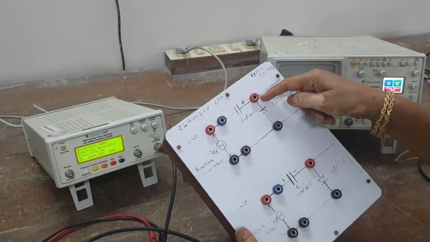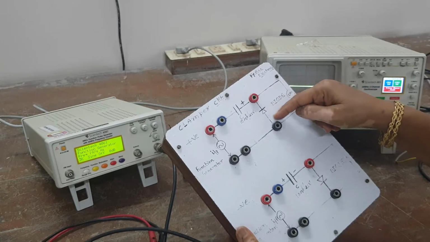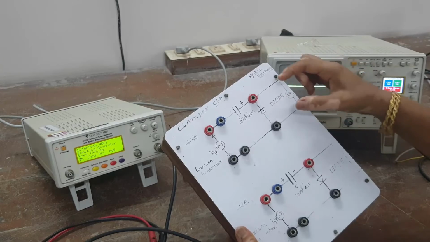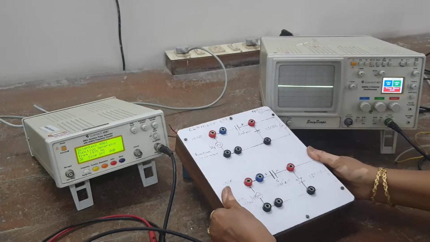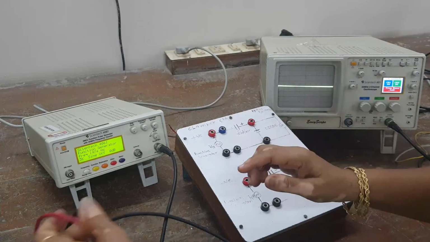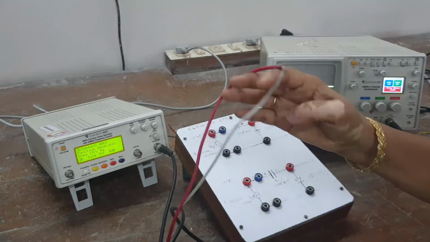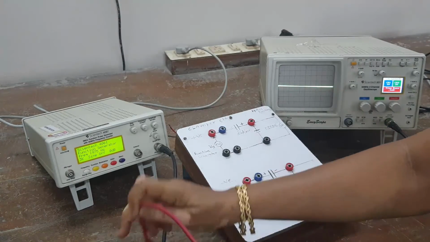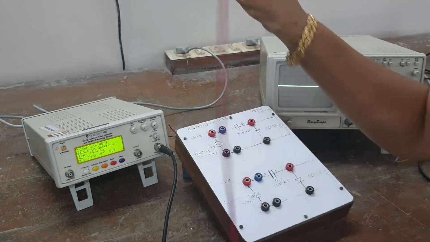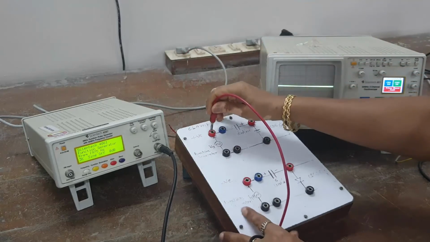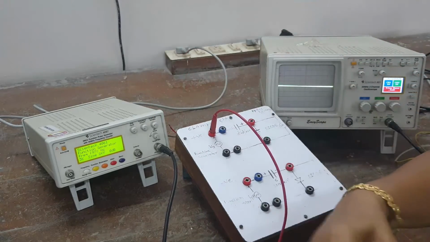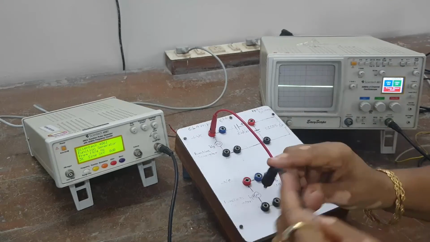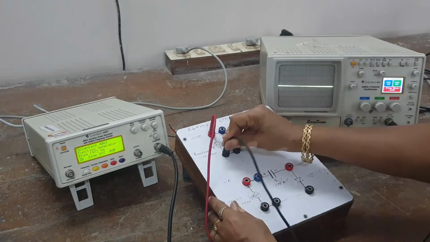The upper side is negative and the lower side is positive, and let us connect the function generator output using the CRO probe. Positive of the CRO probe is connected to the positive terminal and the negative of the probe is connected to the negative of the network.